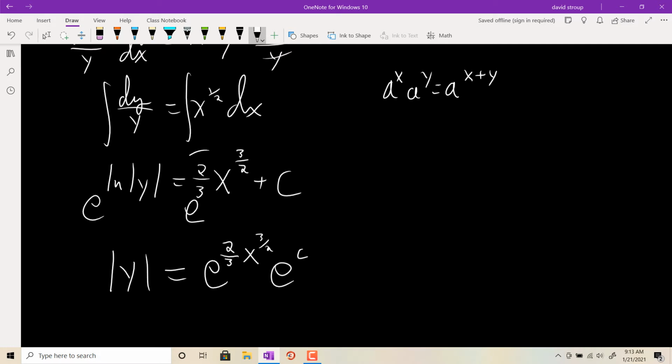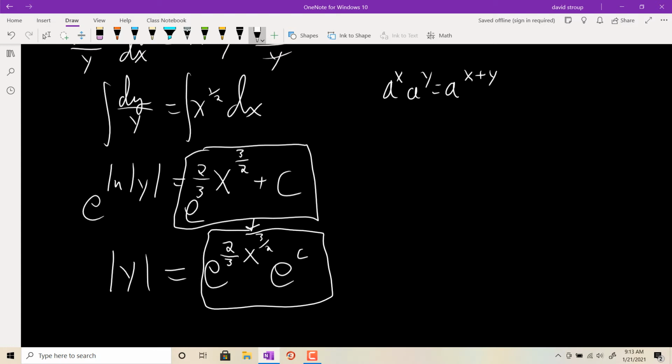And what I did here is the reverse operation. I began with e to the 2/3 x to the 3/2 plus c, where everything's in the exponent, and then I just split it up. So I'll end up with e to the 2/3 x to the 3/2 times e to the c.